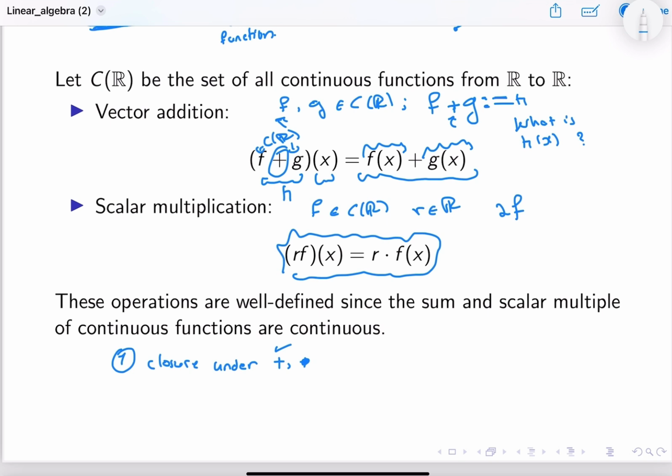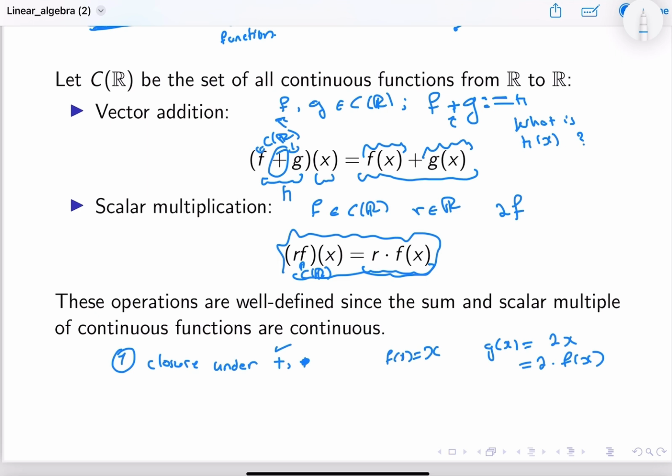And similarly for scalar multiplication, if you take a continuous function f and you multiply it by a number, we're defining it as such. But we know, for example, if f of x is continuous, and g of x, which is 2x, in this case is 2 times f of x, right?